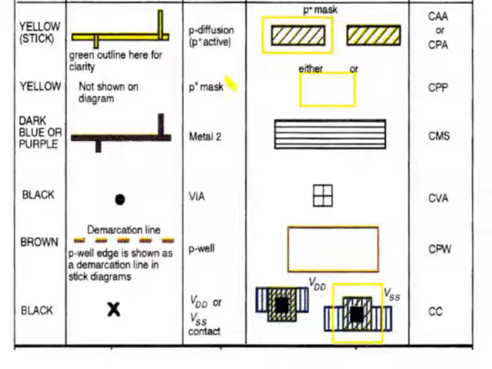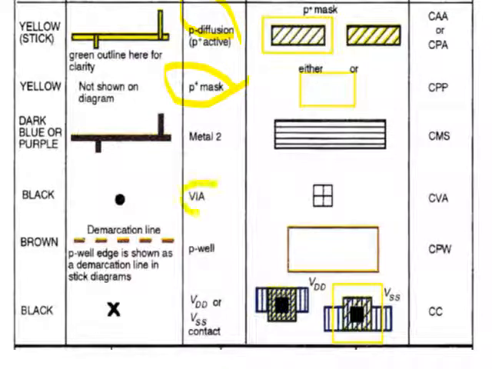So P plus mask and P diffusion, this is the way of representing them. Metal 2. See, in metal 1 we had a rectangular box, within that we had vertical lines, but here we have horizontal lines that represent metal 2.